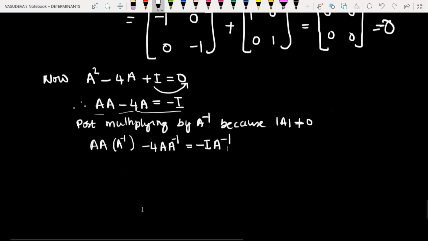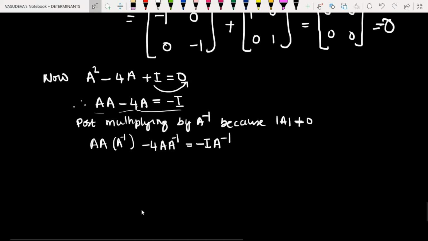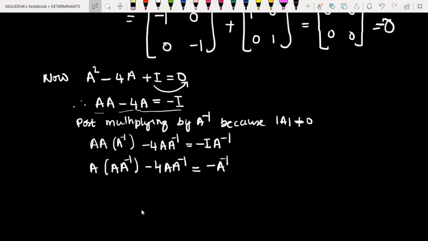So now let's rewrite this. A into A inverse minus 4 into A inverse is equal to minus A inverse, because when you multiply any matrix with the identity matrix, we get the same matrix.